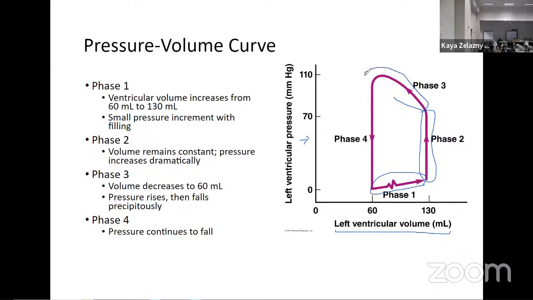But then it starts to drop, and it drops pretty fast as we are losing blood from the heart. Our stroke volume, that amount of blood leaving the heart during this phase. And then during phase 4, that isovolumetric relaxation, we go straight down, back to the beginning, as the heart fully relaxes and is then able to fill with blood.